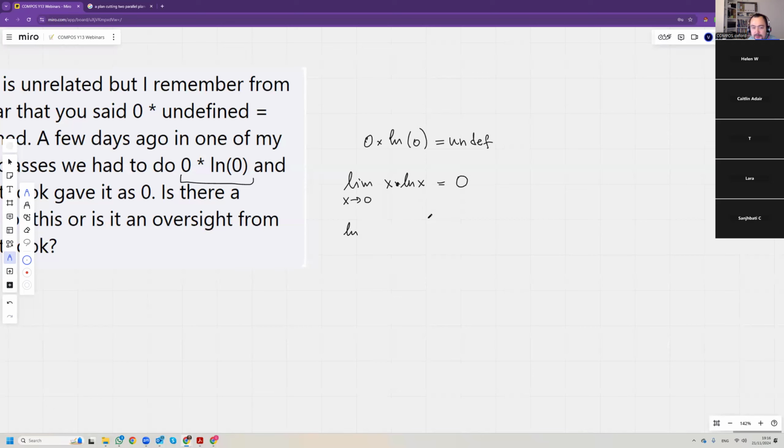So let's make a substitution. u is equal to 1 over x.